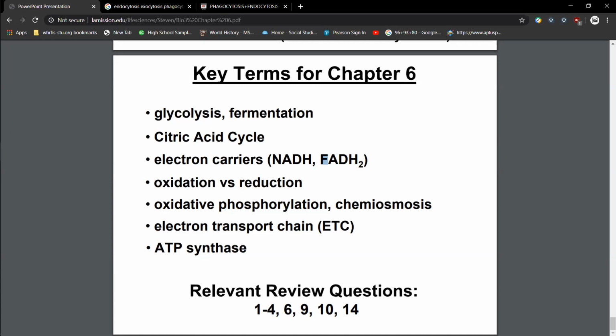Yeah, so oxidation is loss, reduction is gain. You can use the mnemonic OIL RIG to remember that.